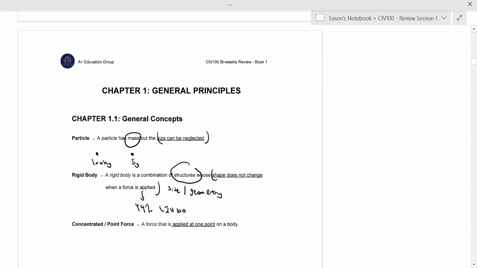So 99% of the time, you are dealing with a rigid body where, when force is applied, the shape of the thing does not change, except spring, right? Because we know spring is deformable, and we will go through the equation for spring later on. But other than that, everything that you see in CIV100 is basically a rigid body. It's basically a solid, which means that you don't have to worry about it being deformed. The shape will be retained. The geometry of the structure will be retained throughout, all right?